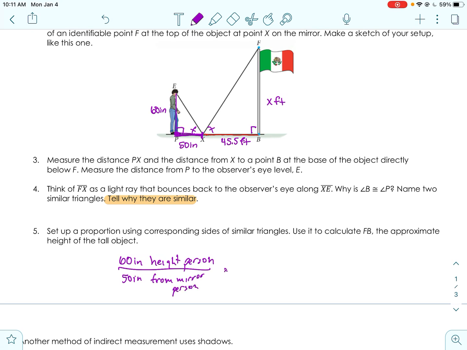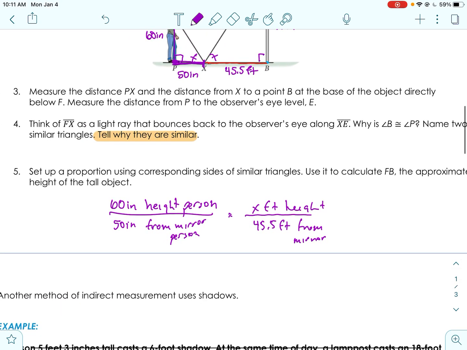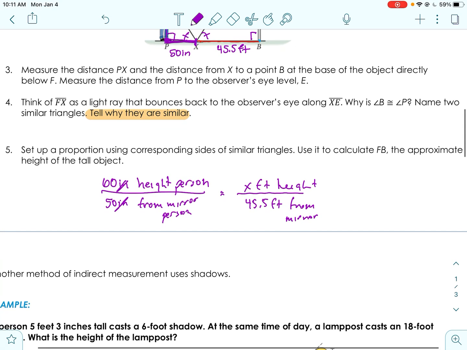And that's equal to a proportion of x feet for the height of the flagpole and 45.5 feet from the mirror. I'm writing a little bit more description than you probably need to. What you'll see here is that these inches will cancel out, and we're going to be left with a final answer in a measurement of feet.